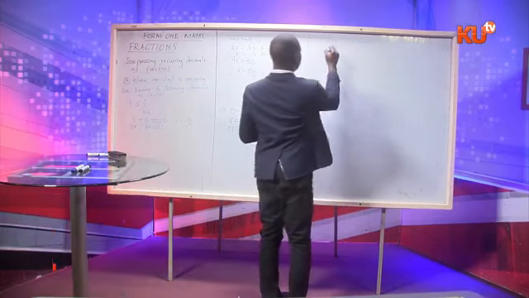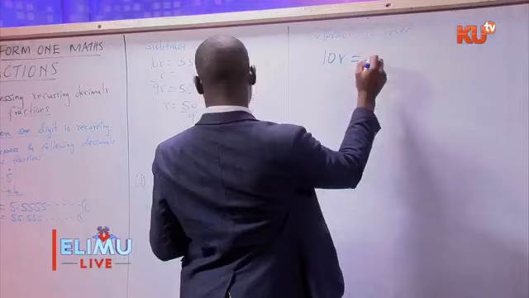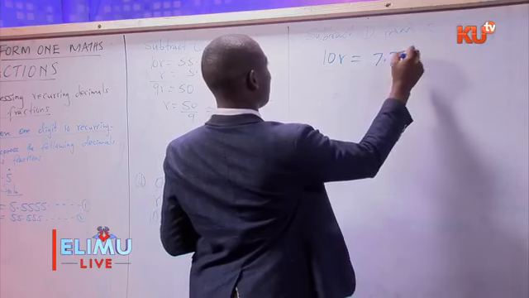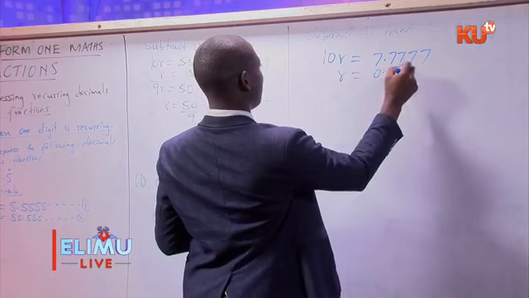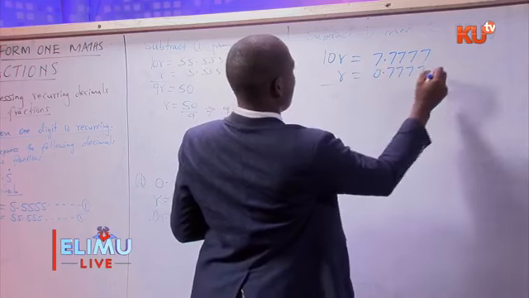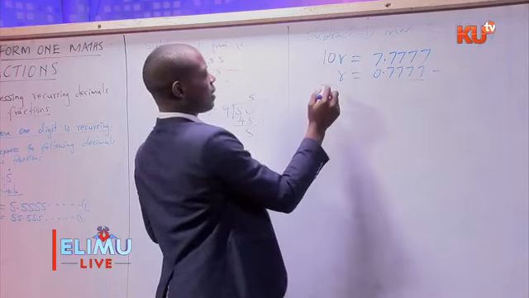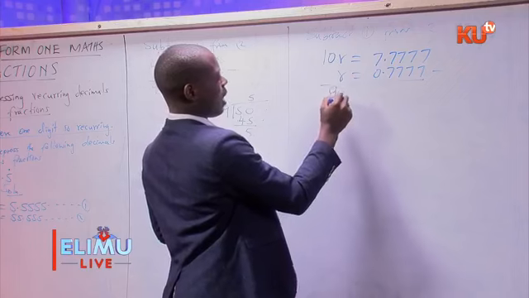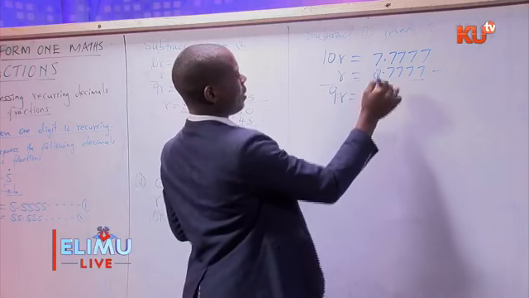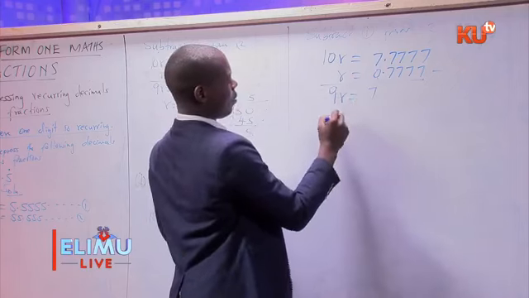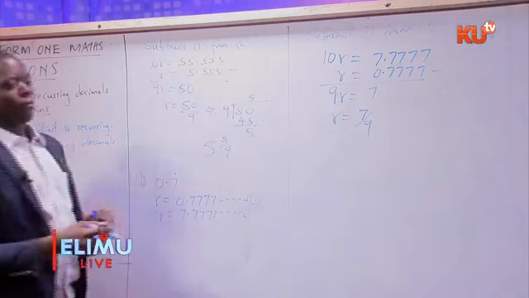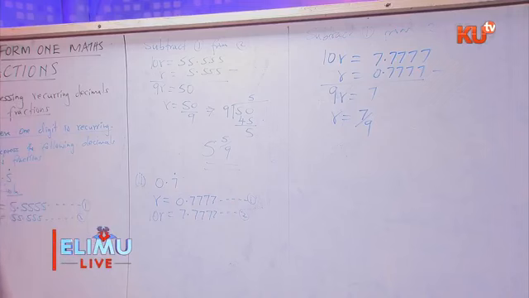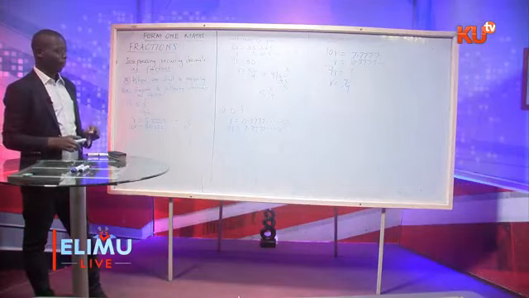So that will be 10R is equal to 7.7777, and R is 0.7777. 10 minus 1, that is 9R. Then this is 7. So our R is 7 over 9, and that is our fraction. So that is our second case.